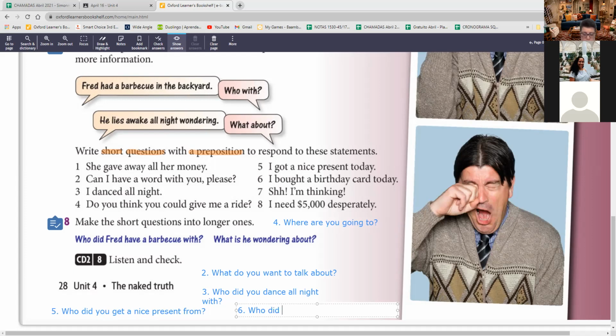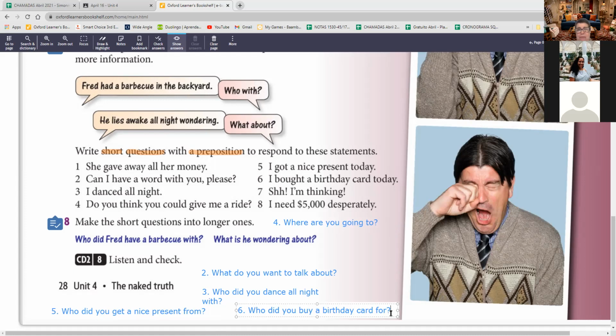Who did you buy a birthday card for? Try to ask this. Who did you buy a birthday card for? Good.